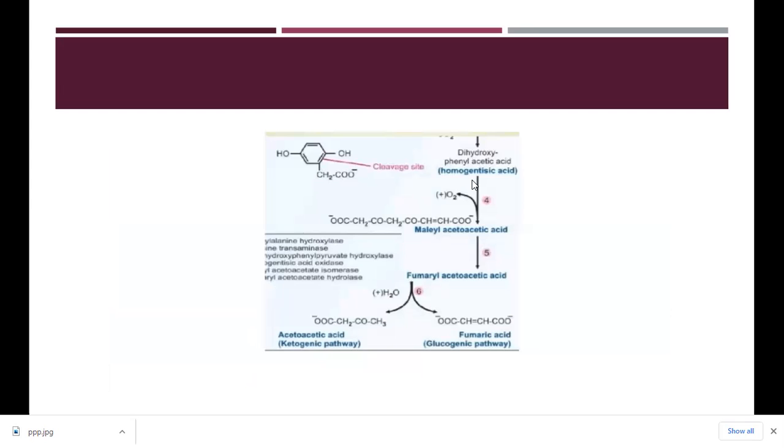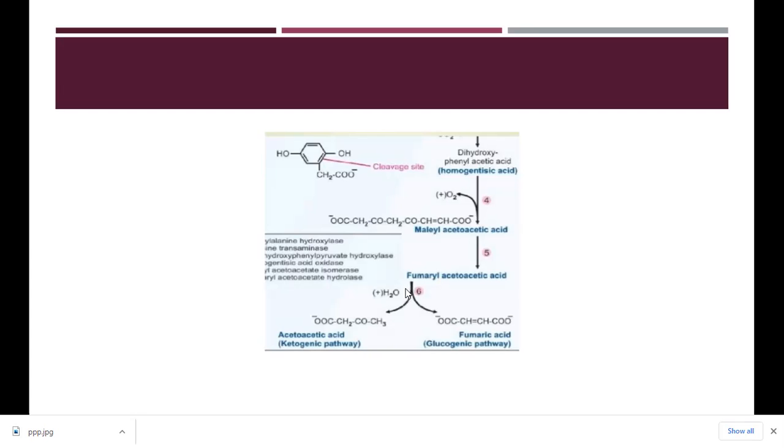Then dihydroxyphenylacetic acid, meaning homogentisic acid, is converted into maleylacetoacetic acid with the help of the enzyme homogentisic acid oxidase. Then maleylacetoacetic acid is converted into fumarylacetoacetic acid with the help of the enzyme fumarylacetoacetate hydrolase.